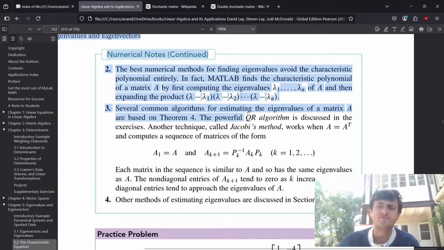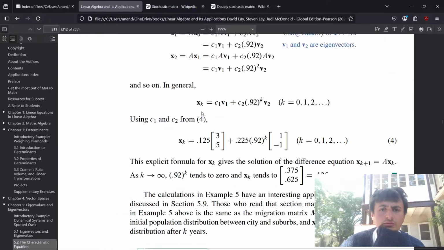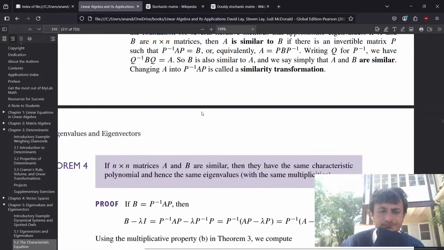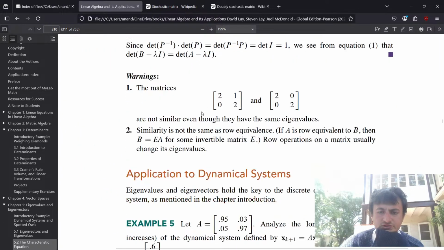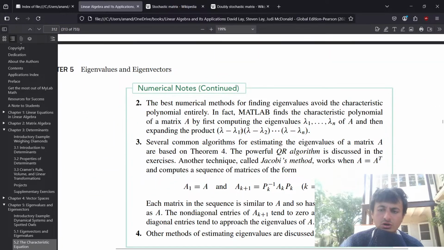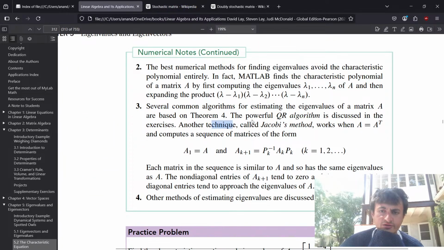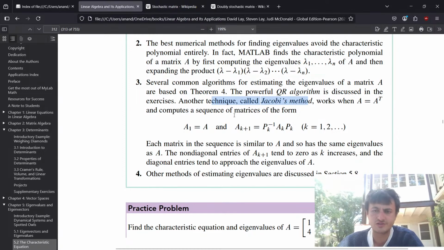Several common algorithms for estimating the eigenvalues of A are based on Theorem 4. What was Theorem 4? Similarity? Really? The QR algorithm is discussed in the exercise. Another algorithm called Jacobi's method works when A is symmetric and computes a sequence of matrices.